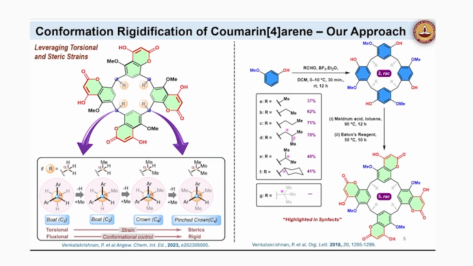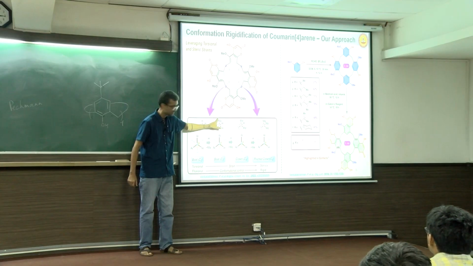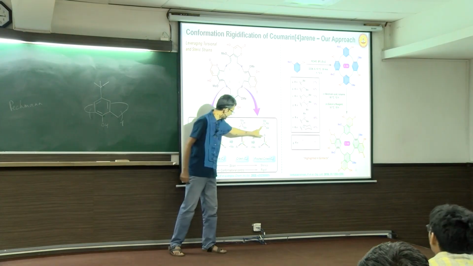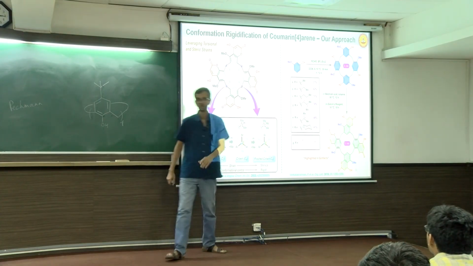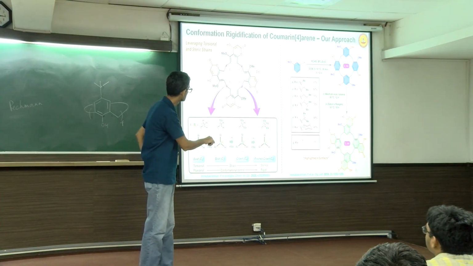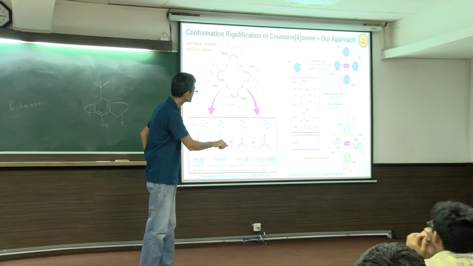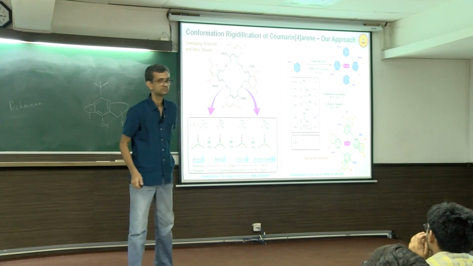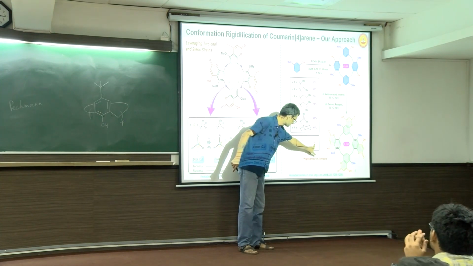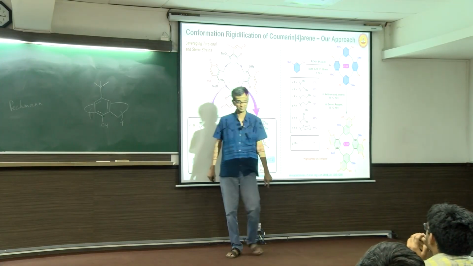So from methyl to ethyl, CH2CH3, and then isopropyl, and then tertiary butyl. When you have tertiary butyl groups, R equal to tertiary butyl, I didn't get any of these macrocyclic products.